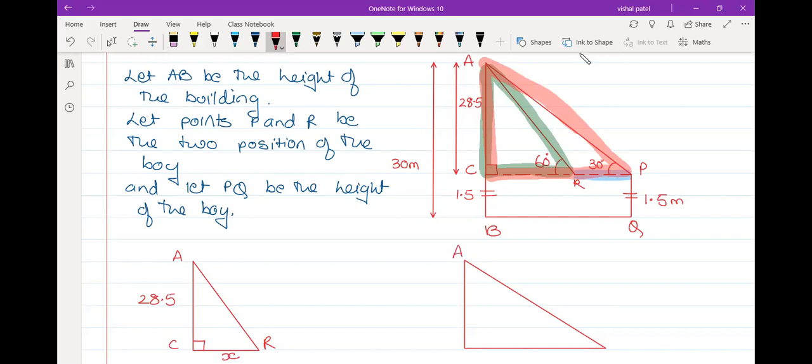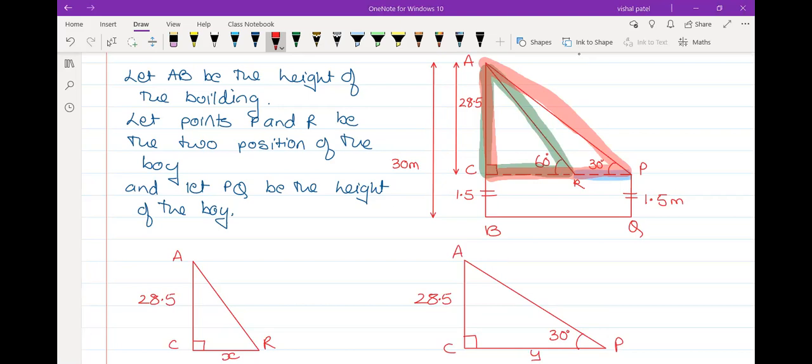A, C, P. This is 90 degree. This is 28.5 meters. This is 30 degree. And here I'm writing Y. Is that clear, all of you?